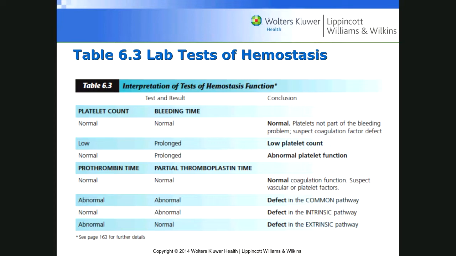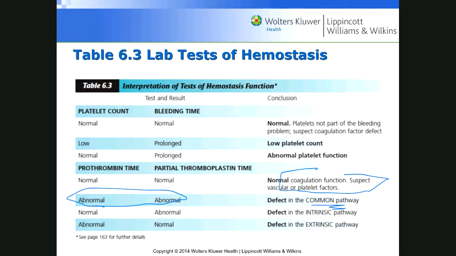If both of these are abnormal or delayed, it is usually factor 10 onward. If both are normal, coagulation is functional and there's no problem. If both are abnormal, it's the common pathway, from factor 10 downward.